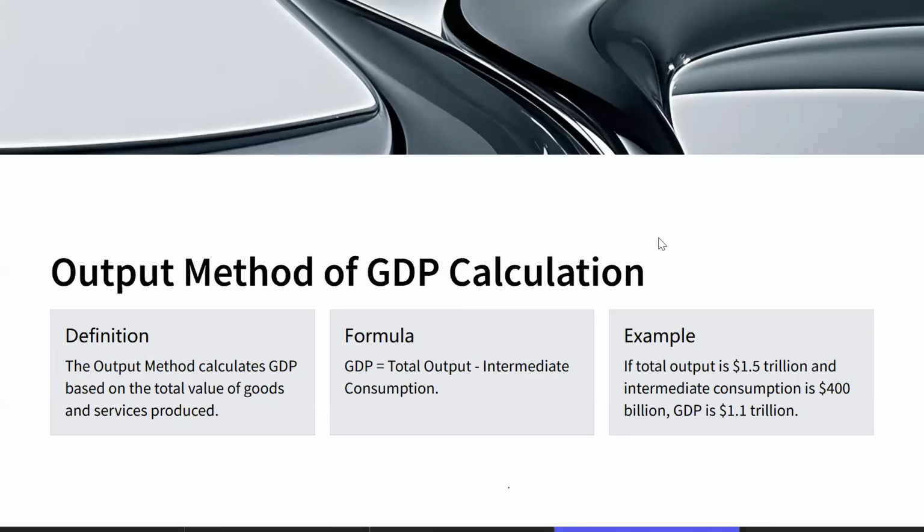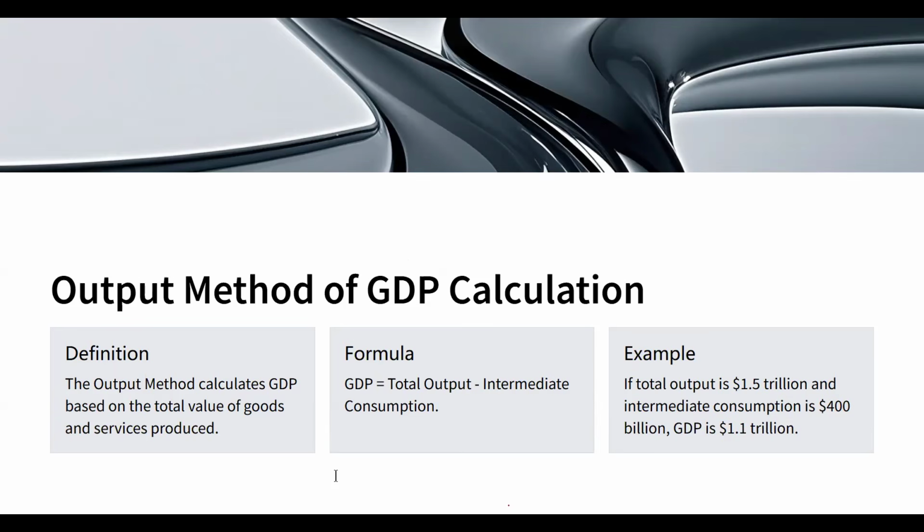And the third one, the output method. The output method is basically adding the total value of all the goods and services produced. But you have to subtract any intermediate consumption. So for example, if I have wood from trees, right?